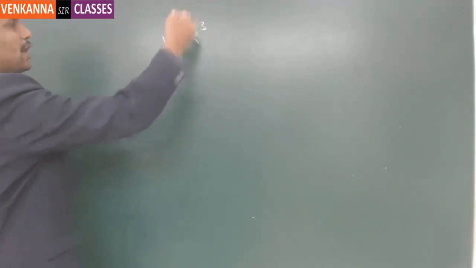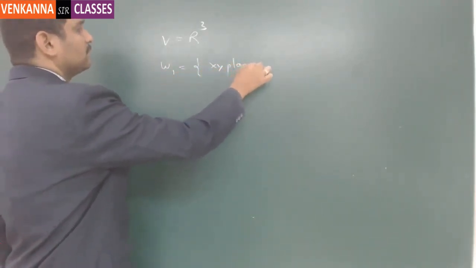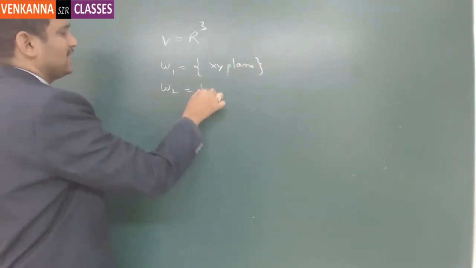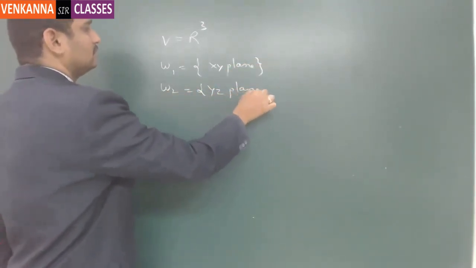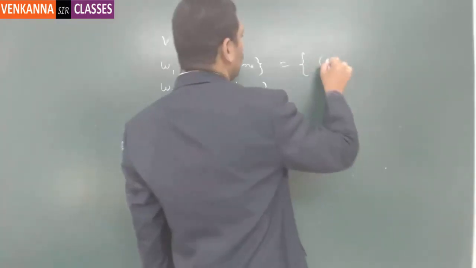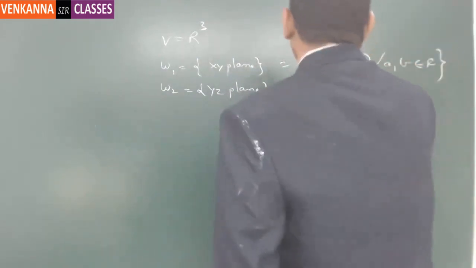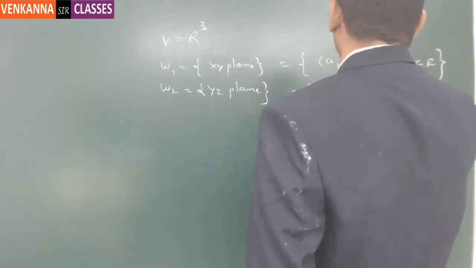Suppose you consider the vector space R cube, the three-dimensional one, and take one subspace as the xy plane and the second as the yz plane. The symbolic representation for them is nothing but all 3D points of this form, and all 3D points of this form.